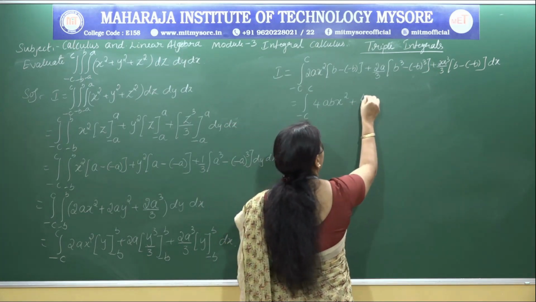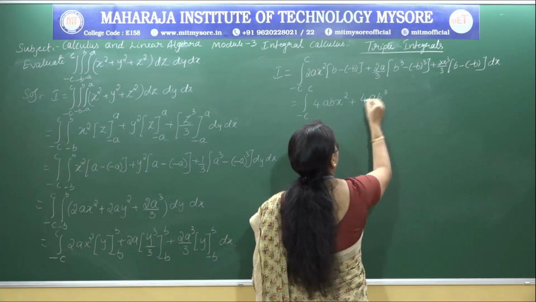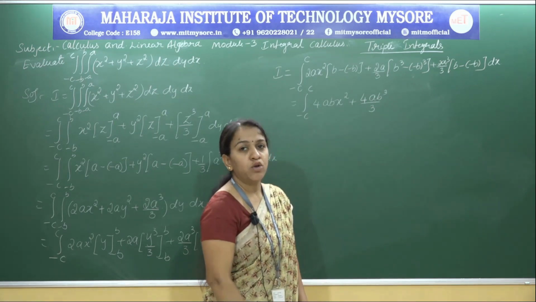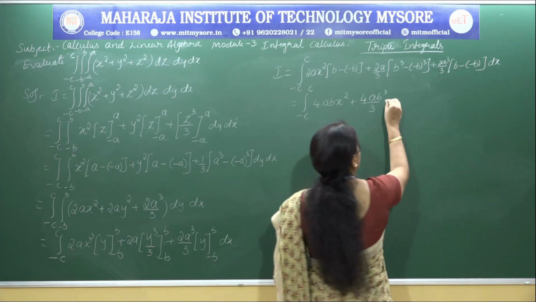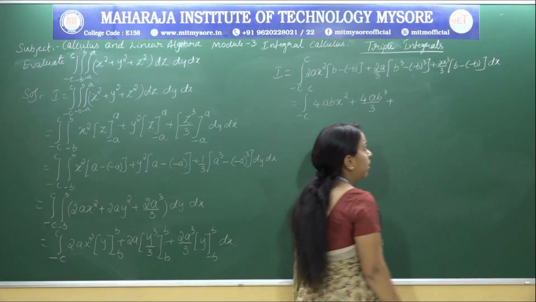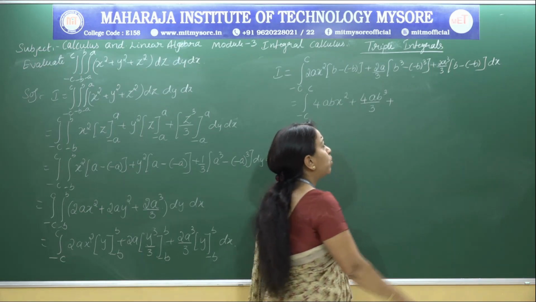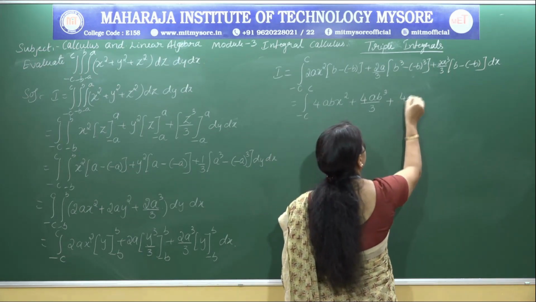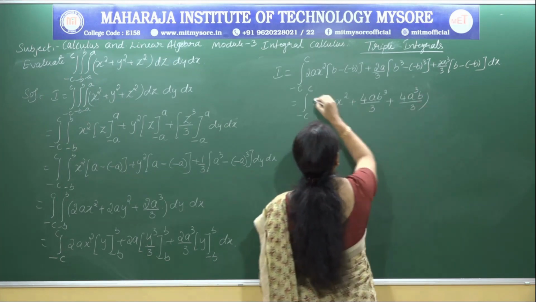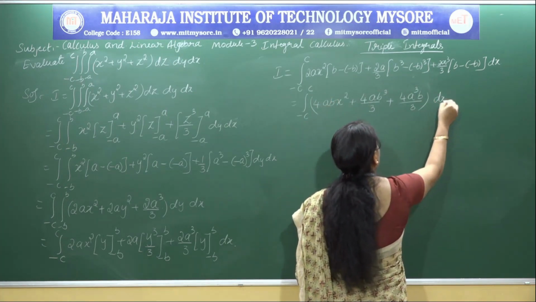So we have 4 times of a into b cube by 3, plus again b minus of minus plus b. So we have 2b. 2b into 2a cube is 4 times of a cube b by 3 into dx.